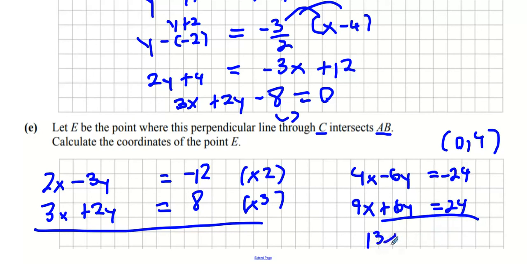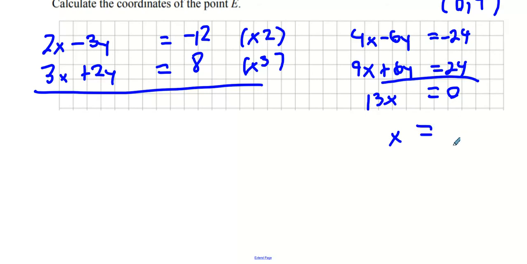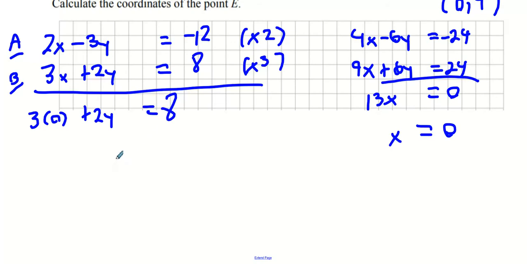Add downwards, 13x equals 0, and as predicted, x equals 0. Sub it into, I'll call it equation B. 3 times 0 is 0. 2y equals 8. This implies that y equals 4, so the point is 0, 4, which we already knew.